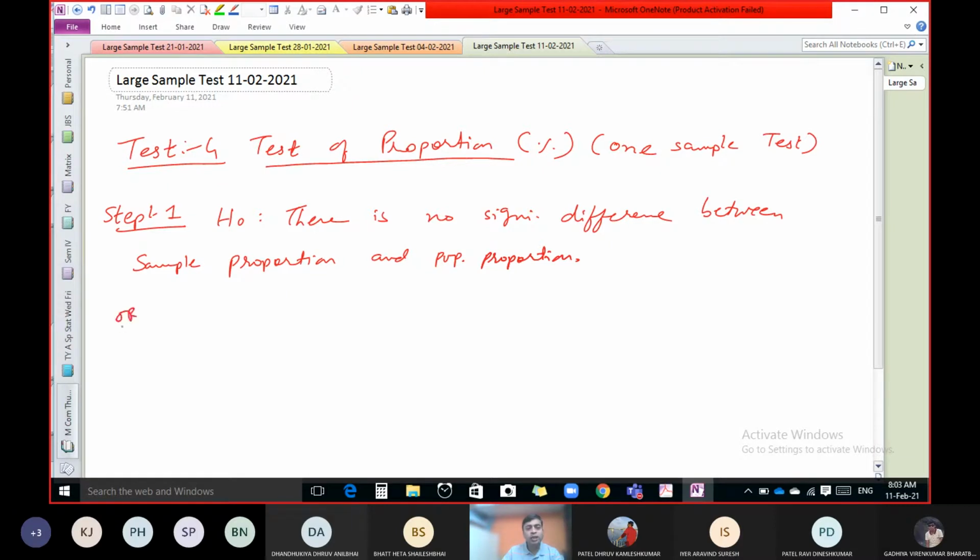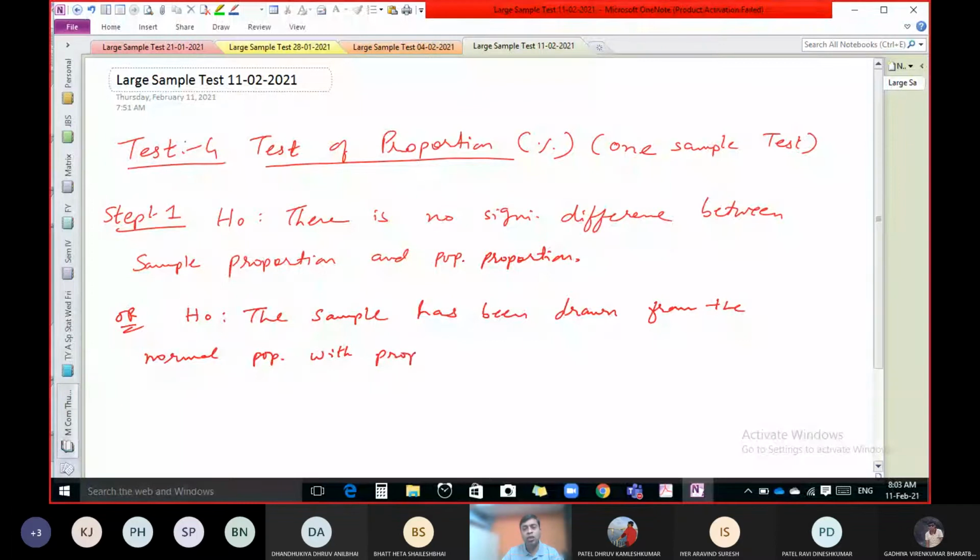Or you can write the same thing in another way: the sample has been drawn from the normal population with, instead of the word mean, you have to use the word proportion.